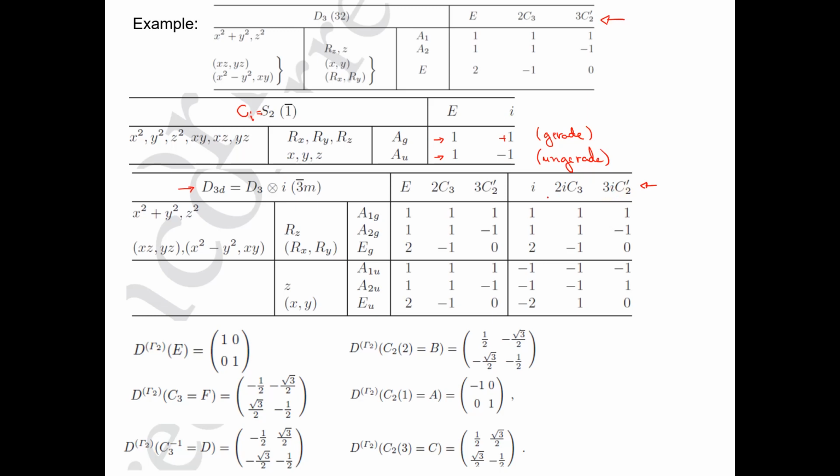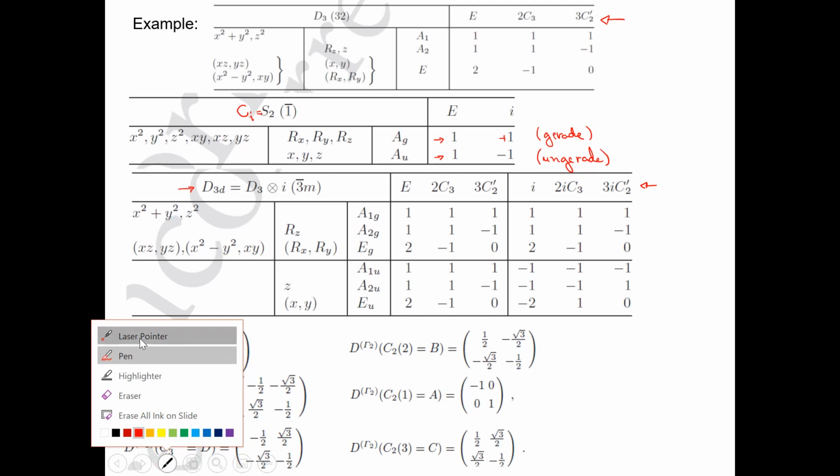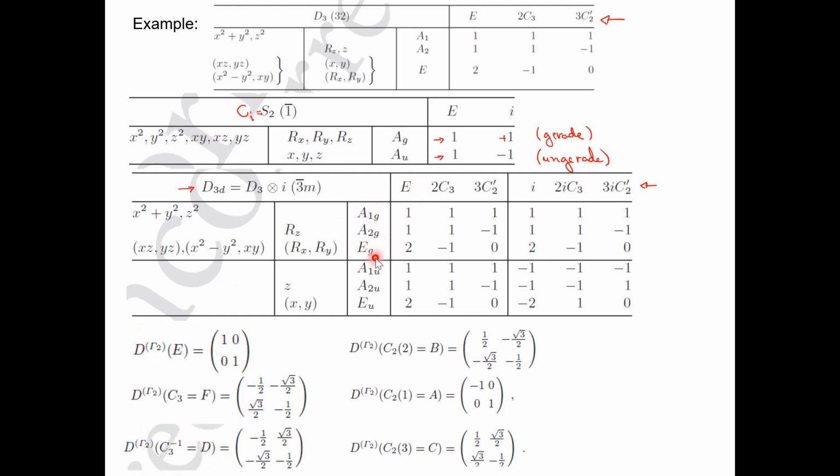Okay. So now you have 6 classes, and you also have 6 irreducible representations, which again you can label and classify according to whether they are even or odd under inversion. So originally you had 3 irreducible representations, A1, A2, and E, and now you have A1G, A2G, EG, A1U, A2U, EU, and these are even and these are odd under inversion.